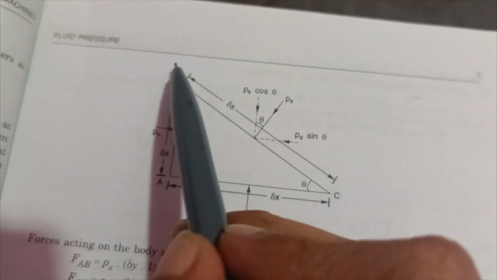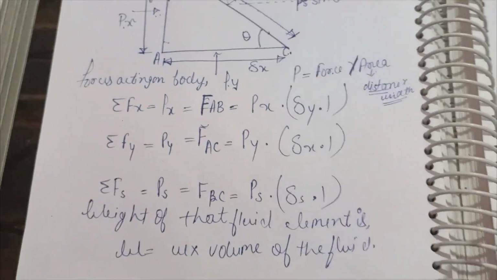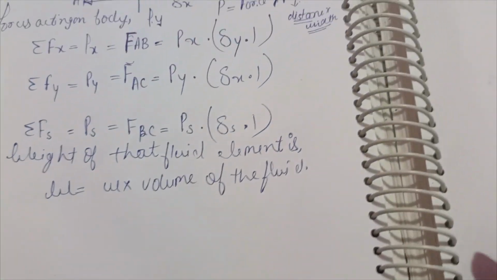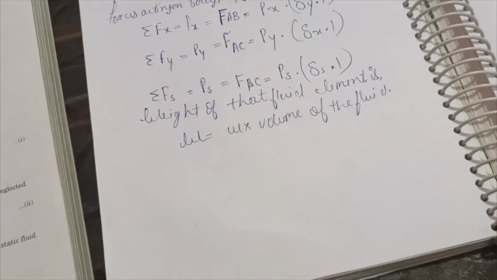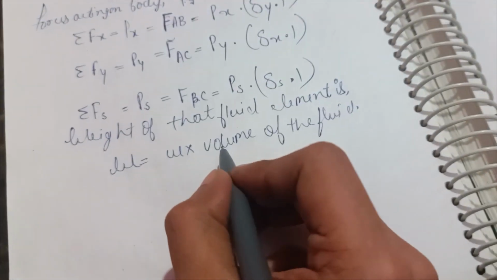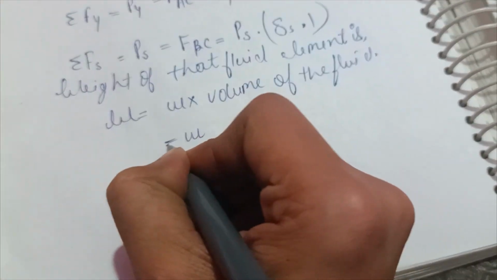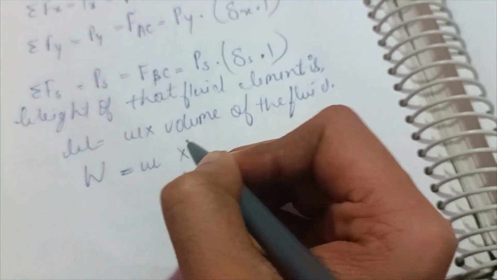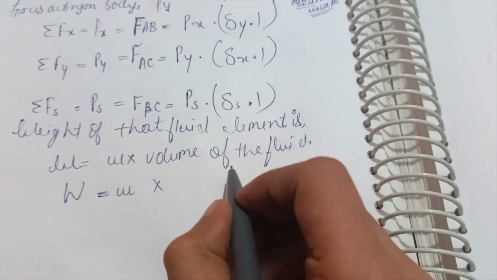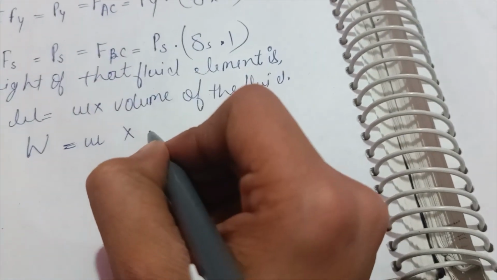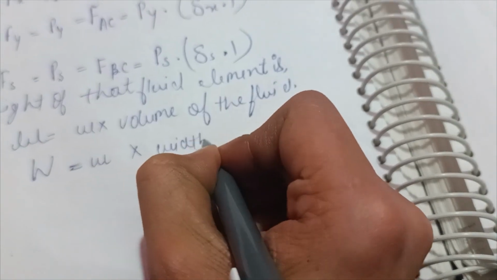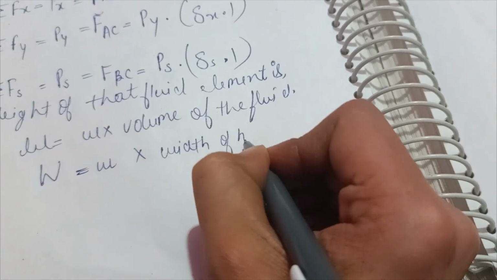Now the volume of that fluid: this body is a wedge-shaped body. Generally the wedge is a prism-type shape, and the volume formula is width into height into half.